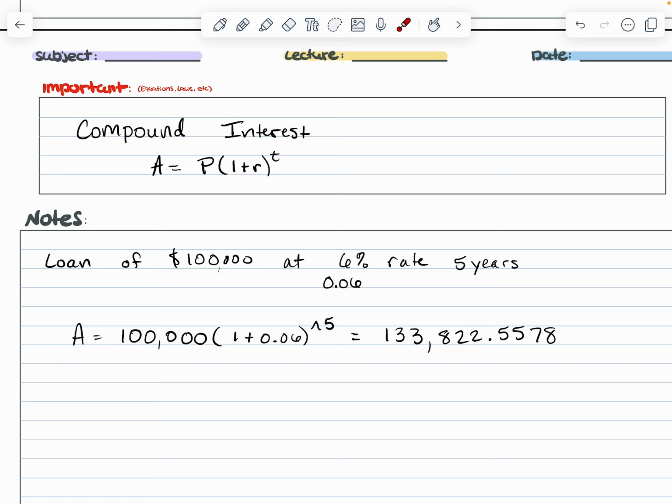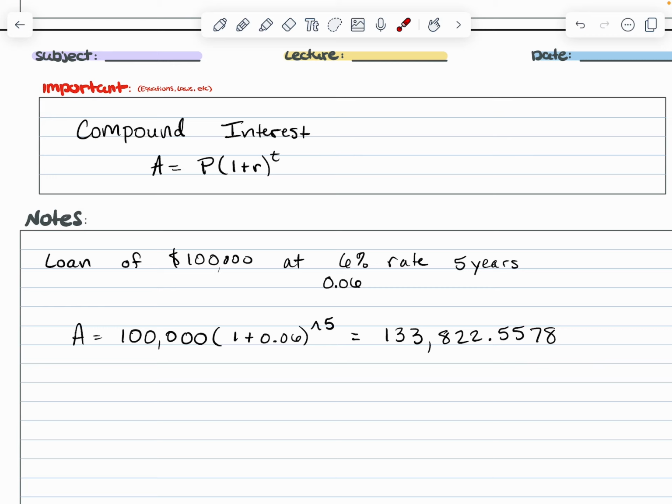This is a good chance to talk about rounding, because everything that we're doing with interest is money, and money only deals in 2 decimal places. So you've got to look at this third number right here. If that number is 5 or higher, you round up.